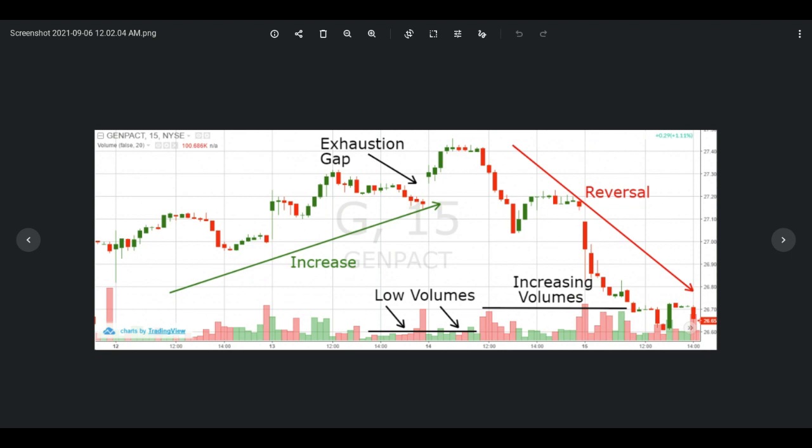Okay, so 21 is gaps, and this is exhaustion. Gaps and exhaustion. The directional bias of this pattern is non-directional. The pattern type is a reversal.